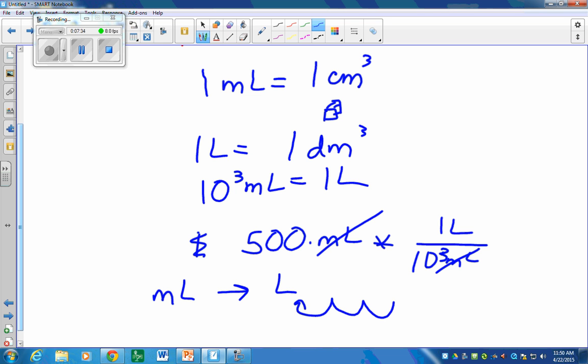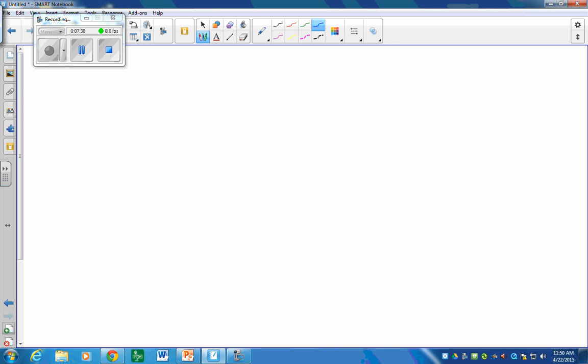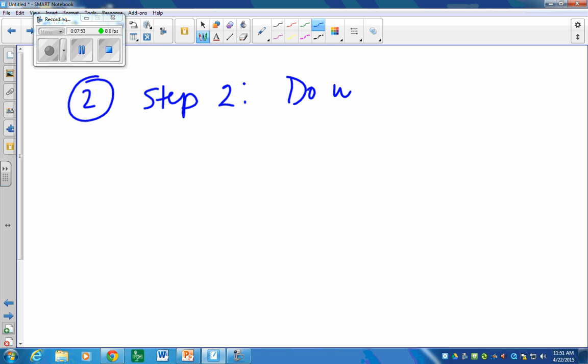Okay, so step 1, the very first thing you have to do is convert milliliters to liters, or look at the volume. Step 2, this is crazy, and this won't make sense till I do my 3 examples. Step 2 is do what the molarity circle tells you.